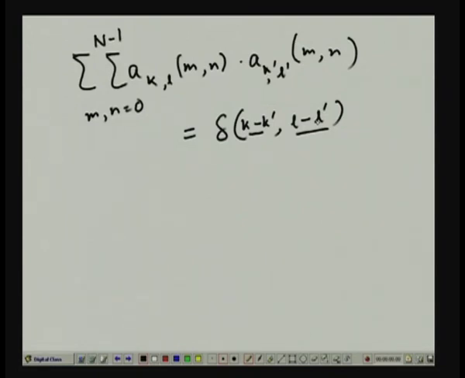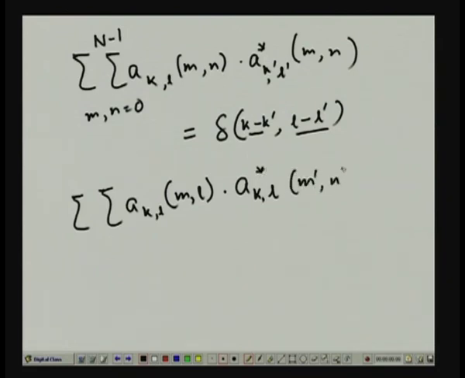And the completeness says that if I take the summation of A k l m n into A k dash l dash star, sorry, A k l star m dash n dash, where the summation is taken over k and l equal to 0 to capital N minus 1, this will be equal to the Kronecker delta function m minus m dash and n minus n dash.